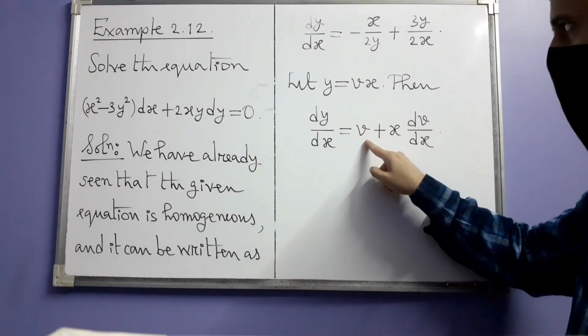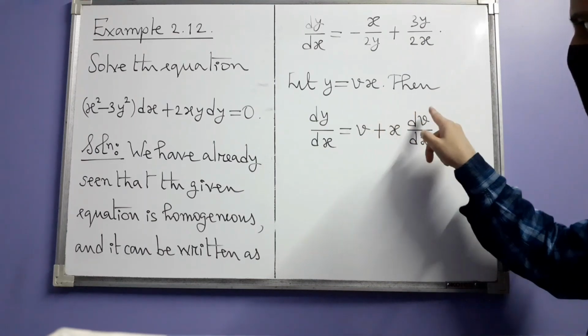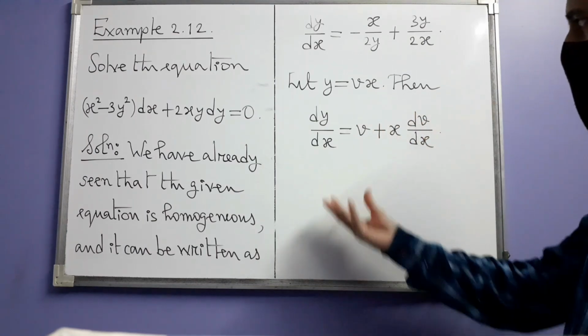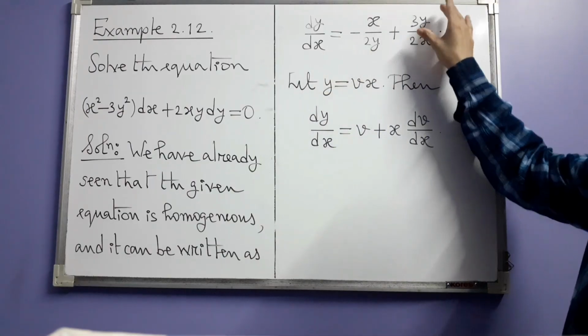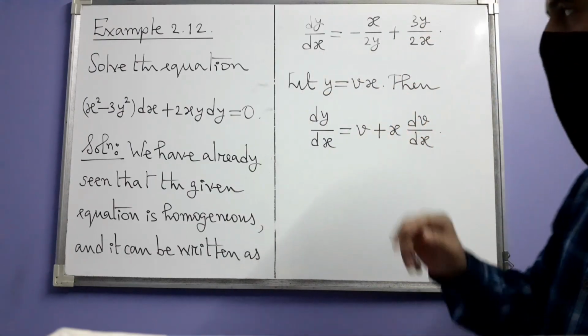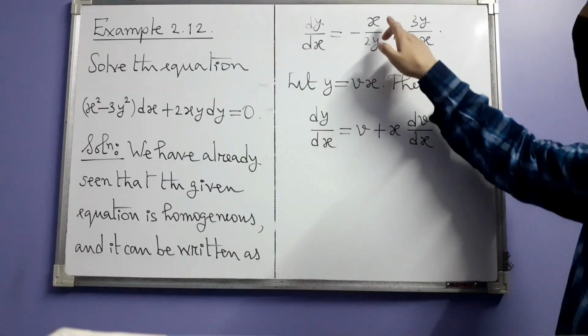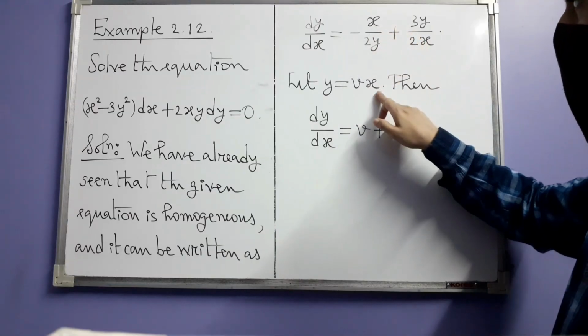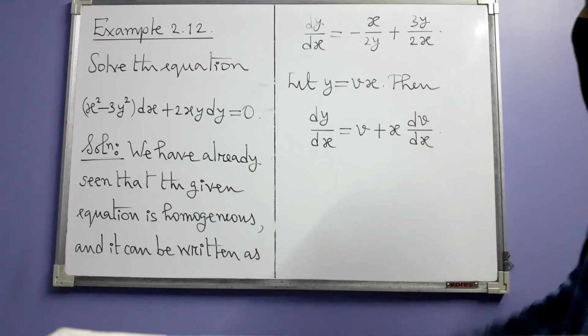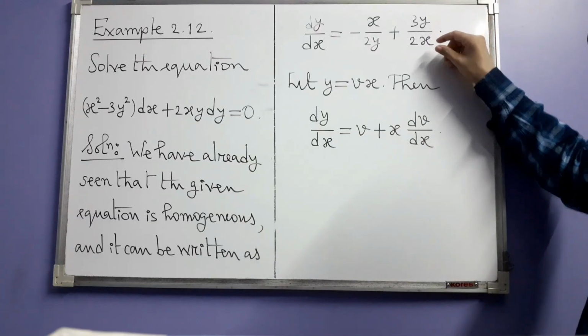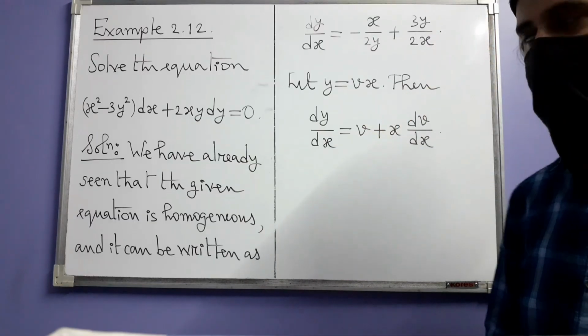So that way you get v plus x times dv/dx. Now we are going to use this here, and here also there will be change. Change means in place of x divided by y, you can write 1 divided by v, and in place of y divided by x you can write v.